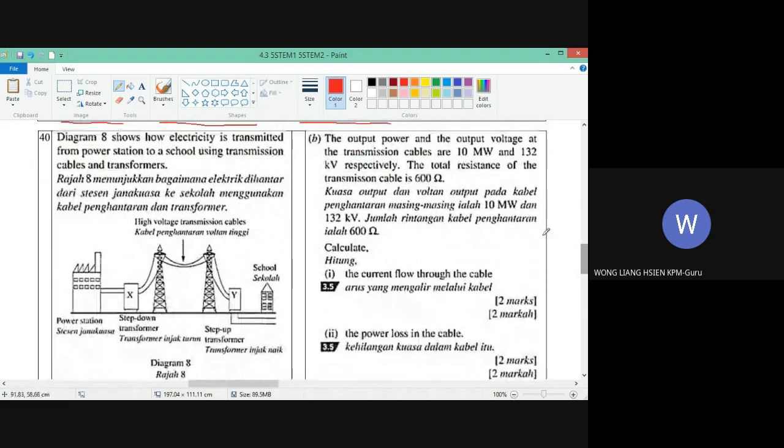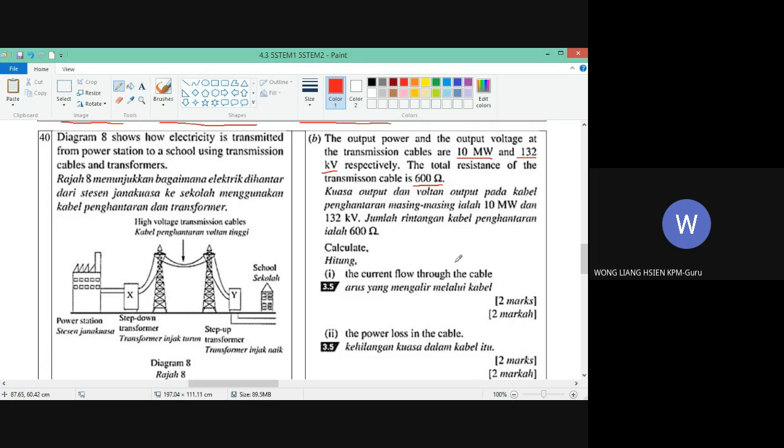Next, the output power and output voltage at the transmission cable are 10 megawatt and 132 kilovolt respectively. The total resistance of the transmission cable is 600 ohm. Calculate the current flow through the cable. How do we calculate the current that flows through the cable?